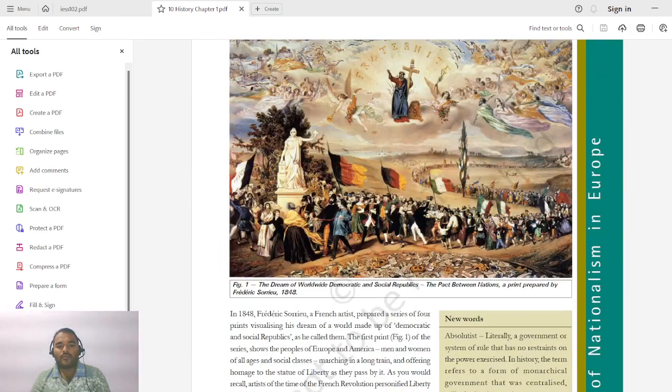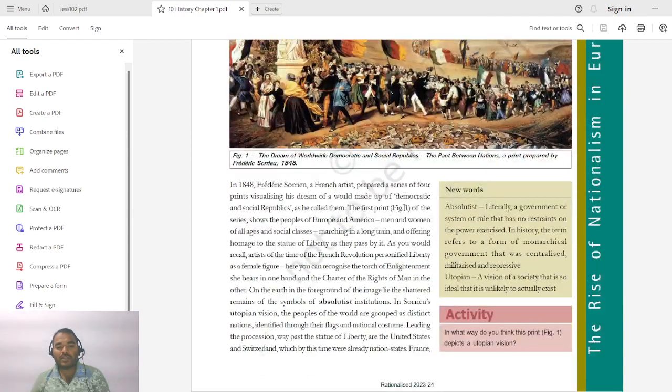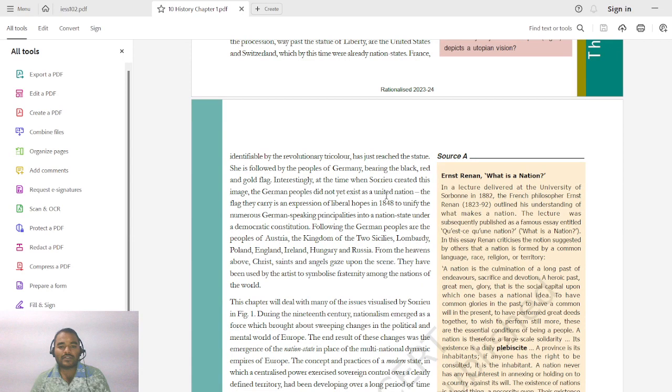Behind France there are German peoples who have their flag, colored black, red, and golden. Interestingly, at the time when Sorrieu created this image, the German people did not yet exist as a united nation.